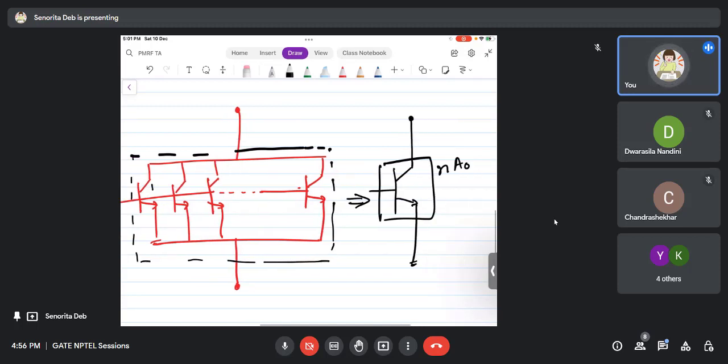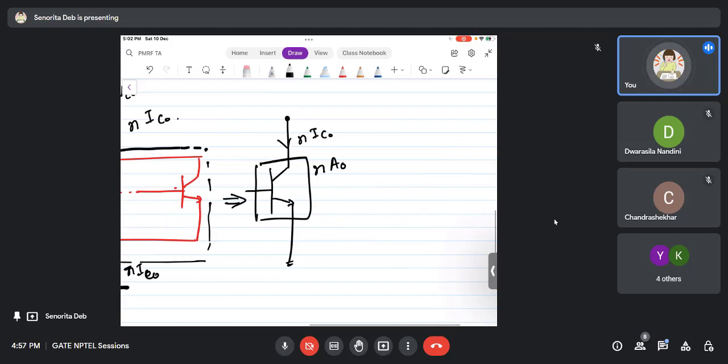This bigger transistor has n times the area of each of these transistors. Each area is A0, so n times the area. This current is IC0, so the total current is n times IC0. Now VCC actually has to supply n times IC0, and this is how your GM is increased. For increasing the transconductance, you have to connect these devices in parallel.